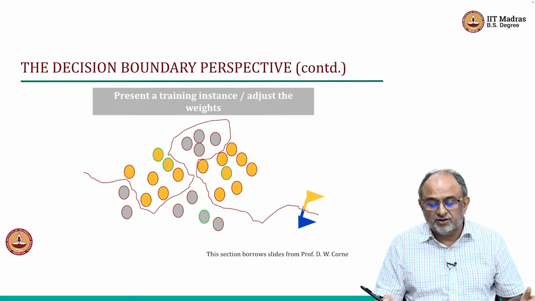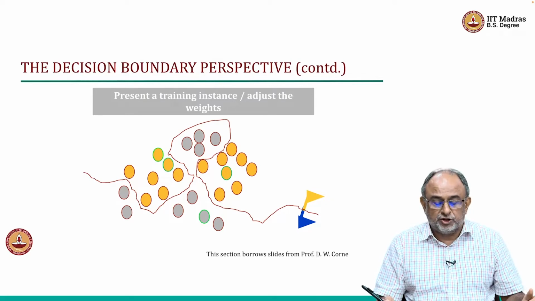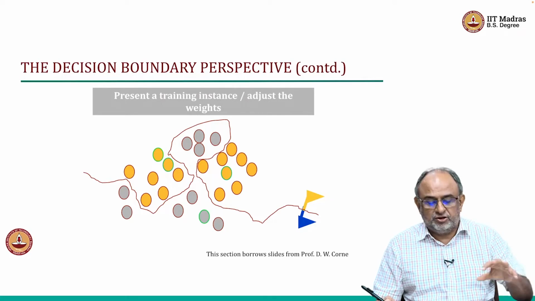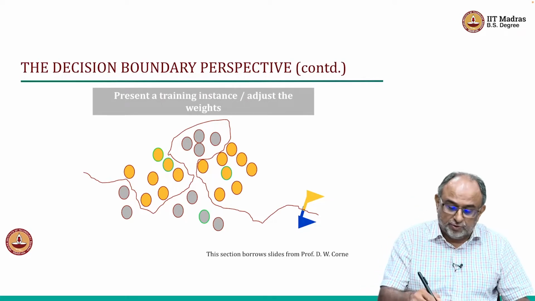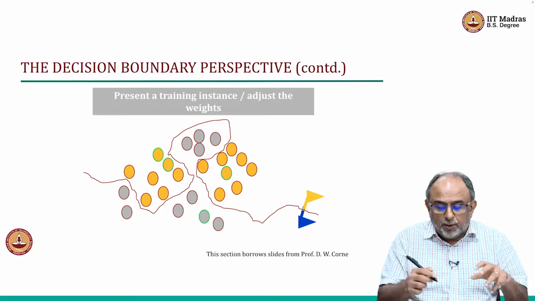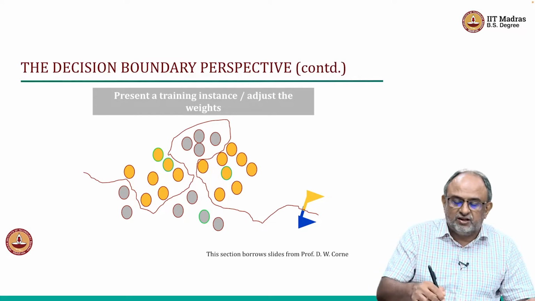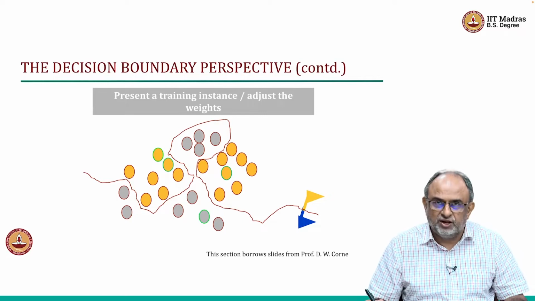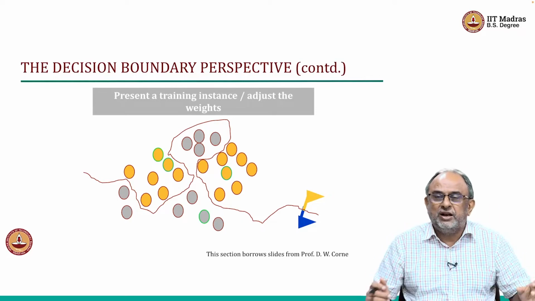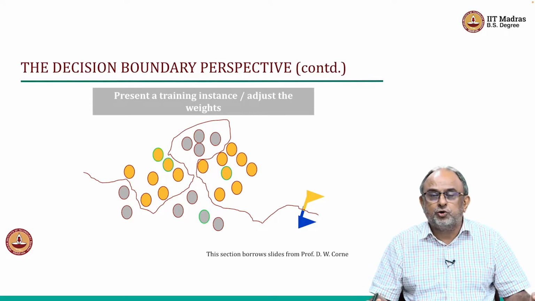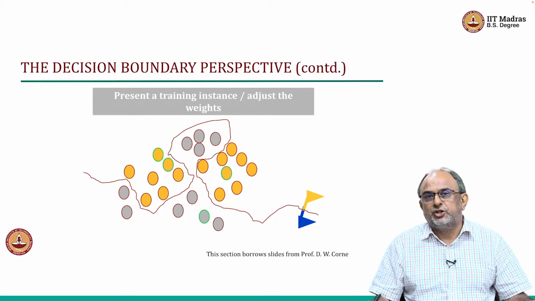So this is the decision boundary for this problem, where the grays are different from the browns. Obviously this is all training data. In the training data, the weights have got adjusted such that it is able to do a very good separation between the two classes.